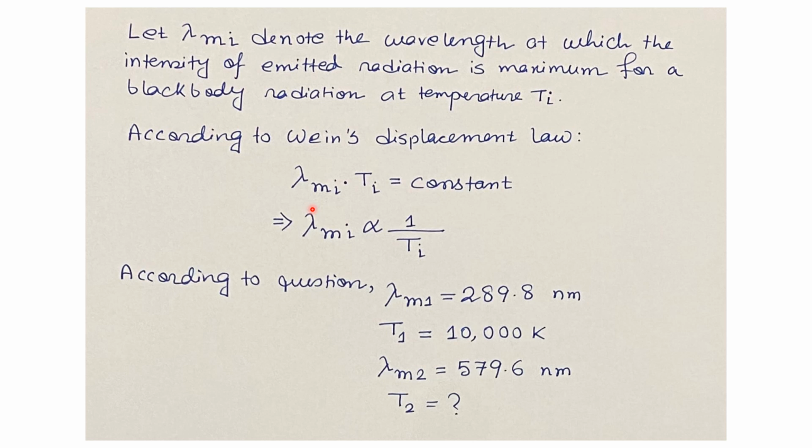So lambda mi will be inversely proportional to the temperature of the blackbody radiation Ti. According to our question, lambda m1 equals 289.8 nanometer. The temperature T1 is 10,000 Kelvin. Lambda m2 equals 579.6 nanometer. So we have to find the corresponding temperature of the blackbody radiation T2.